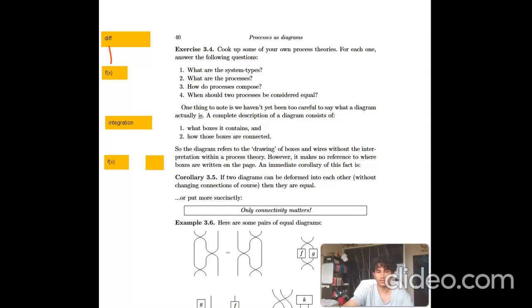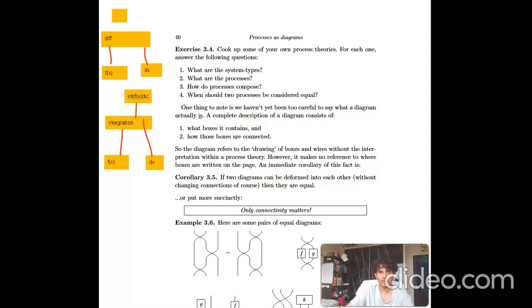Here we have dx, here also we have dx. These are our inputs, and our output here is the integral of f of x dx.